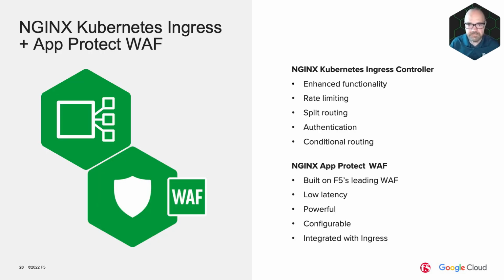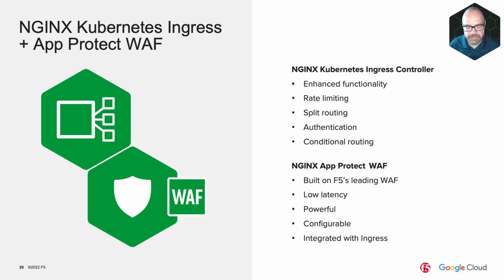Okay, so NGINX makes a Kubernetes ingress controller. In the world of Kubernetes, the NGINX community version is kind of the default reference implementation. NGINX ourselves also make a Kubernetes ingress controller, and I would argue that it's slightly more enhanced over the community version. There's nothing to say there's anything wrong with the community version.